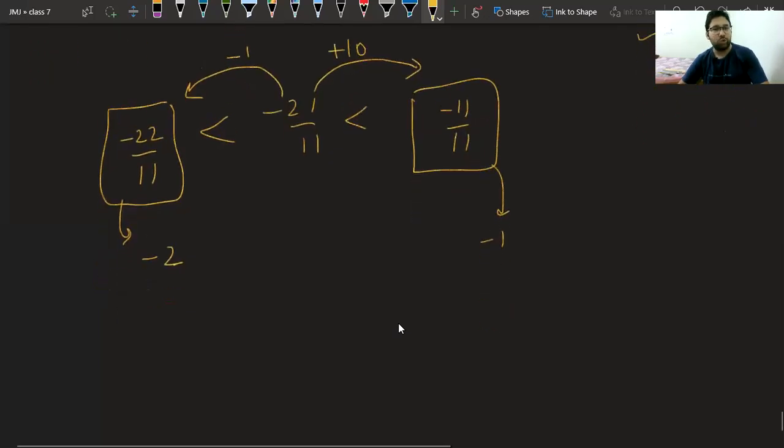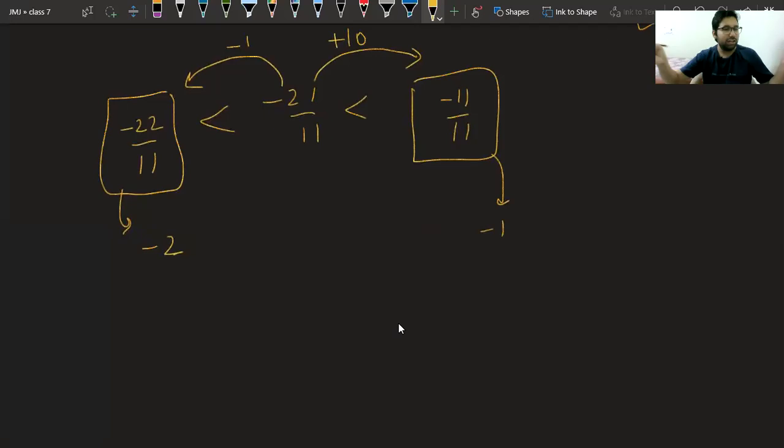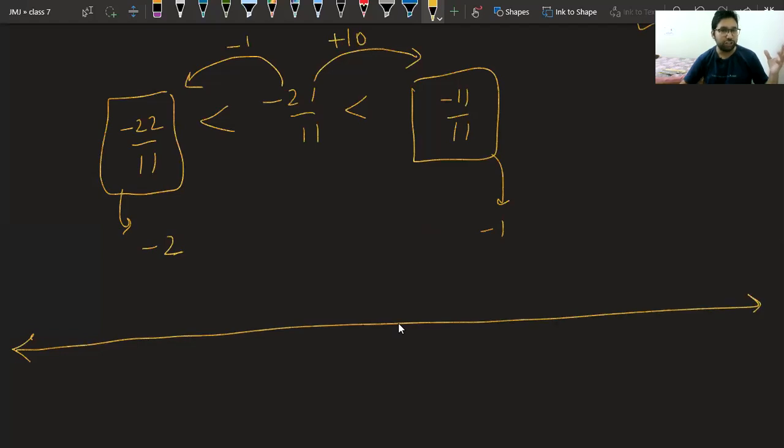For that, I should make it very open, very spaced out. So let us make a larger number line with more space now. I want -2, -1 and 0. It is customary to show one other point also to show it is a number line.